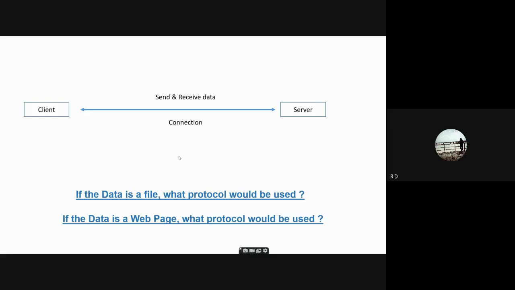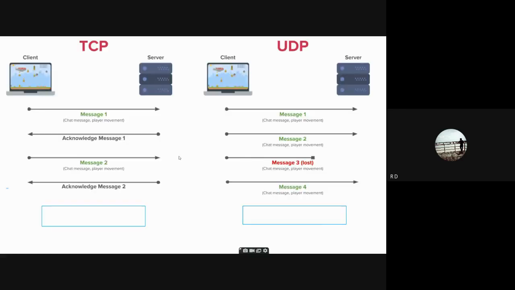Okay, so coming back, the difference between TCP and UDP is that TCP is connection oriented and UDP is connectionless. Which means that whenever messages or data is being transferred, an acknowledgement is sent back to the server. The client will send back acknowledgement 1, acknowledgement 2.